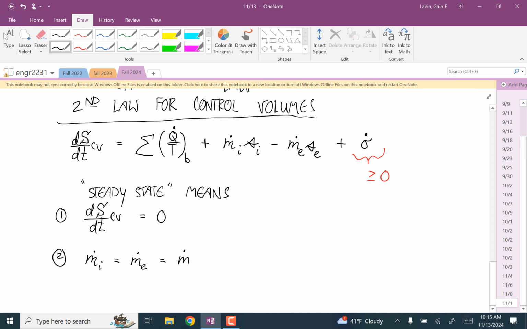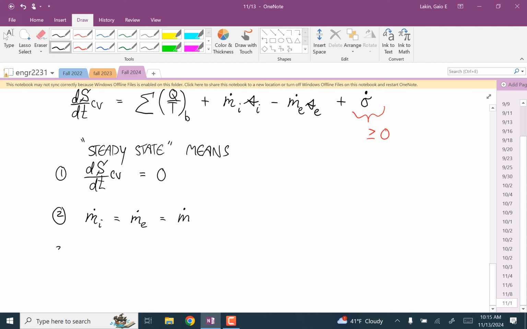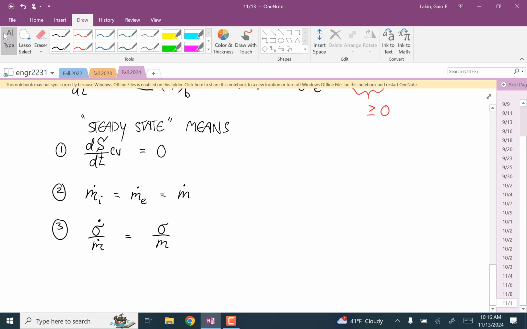So we always see that in these control volume things. And then third, it means that there's some interchangeability in the way things are described. So sigma dot over m dot is equal to sigma over m for any time interval. And similarly, q dot over m dot is equal to q over m for any time interval.